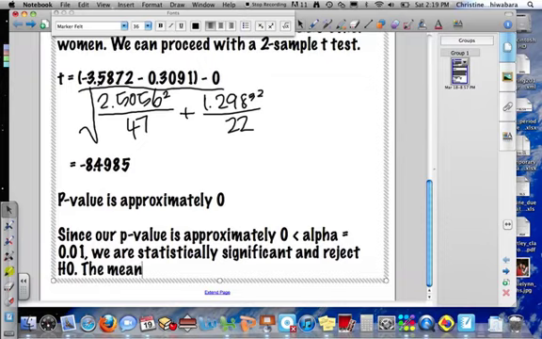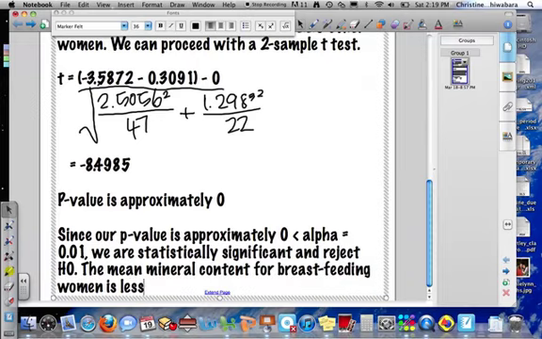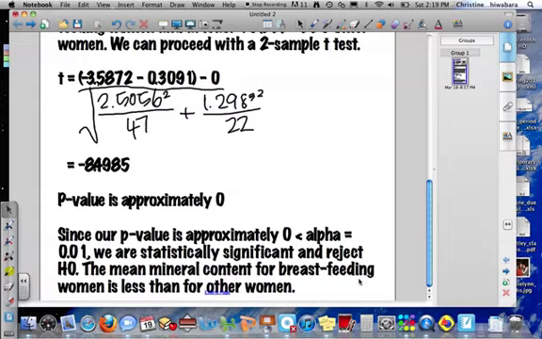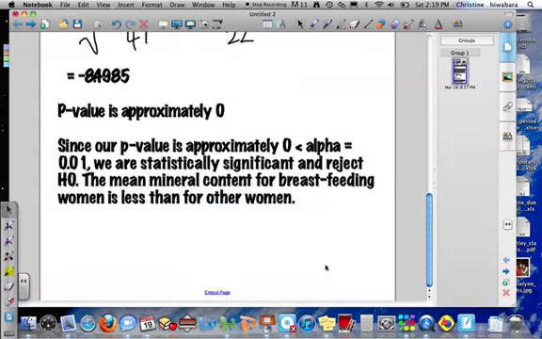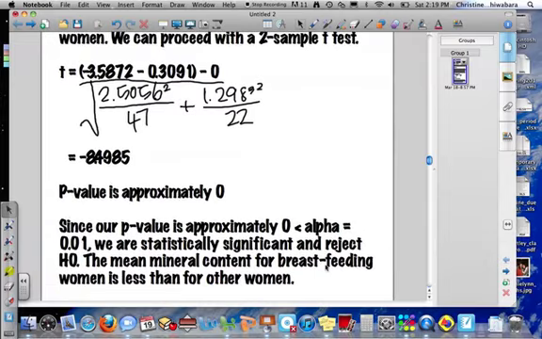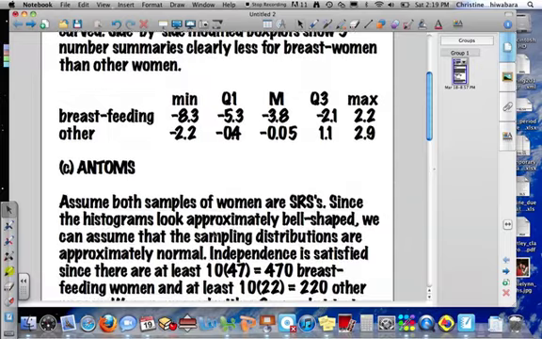The mean mineral content for breastfeeding women is less than for other women. Okay, and that is the entire problem. Double-check that you've actually addressed the question appropriately. You have everything in PHANTOMS in here, and that is your entire problem.